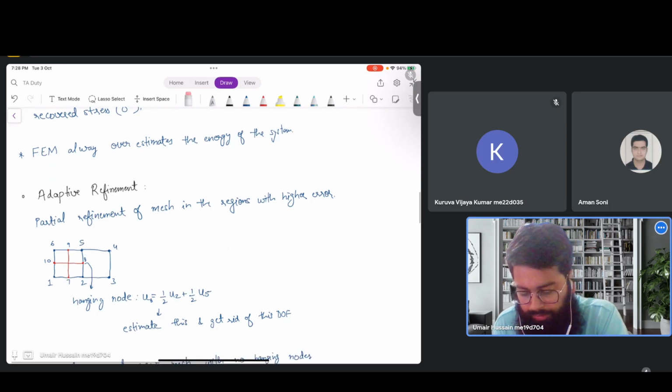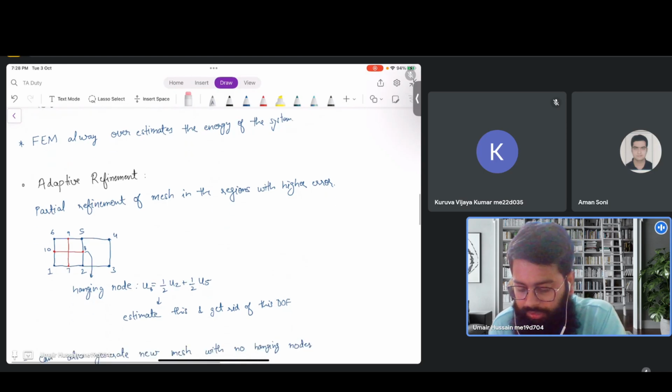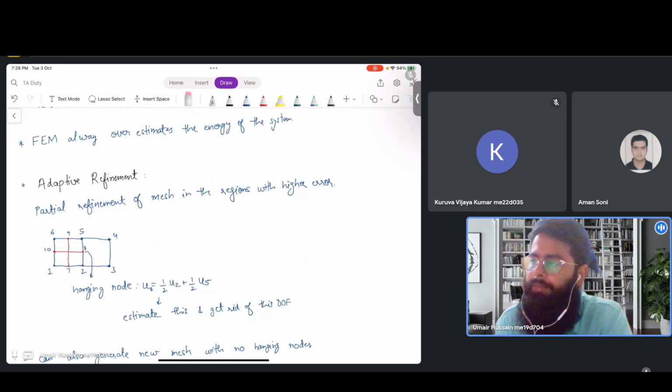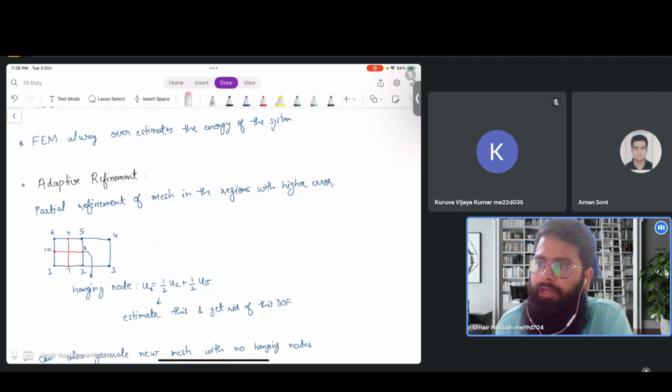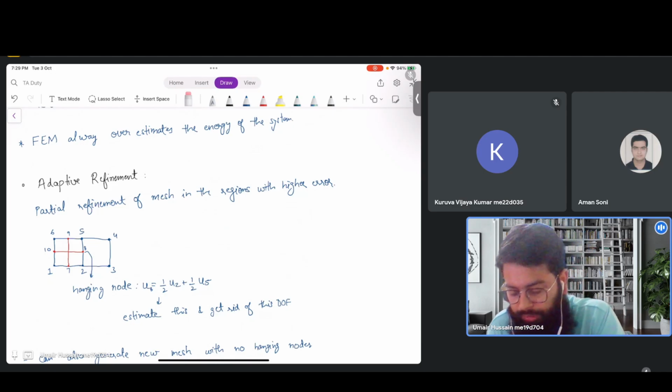One is by selectively refining only certain parts on each step. We evaluate the error in the whole domain, and if the error exceeds a certain value, we mark those cells, and we only refine those cells selectively.